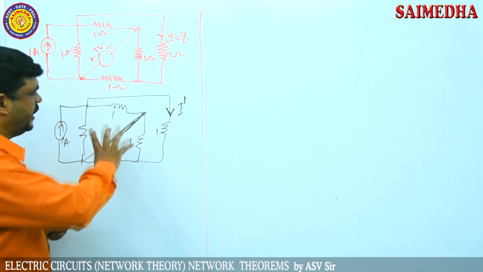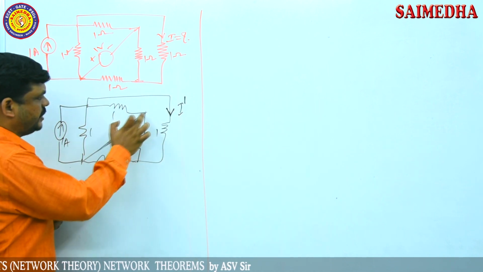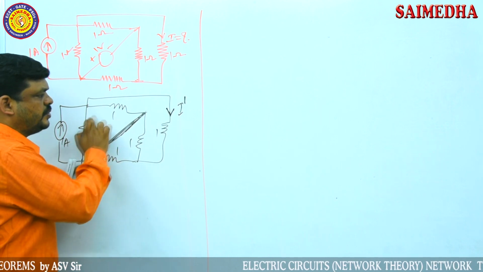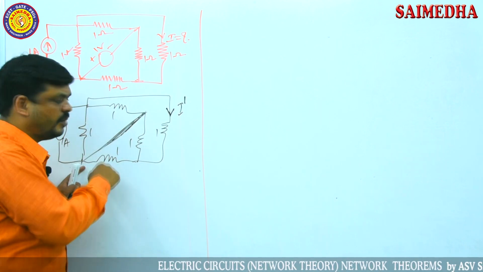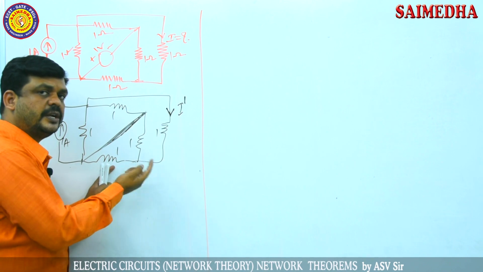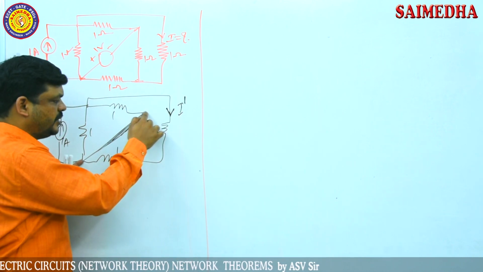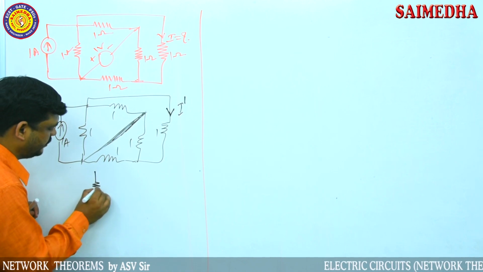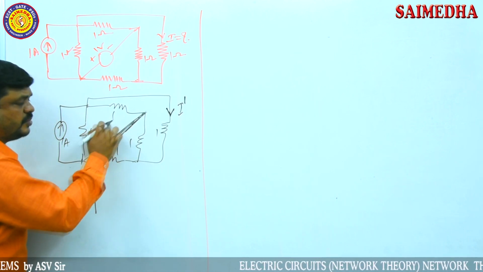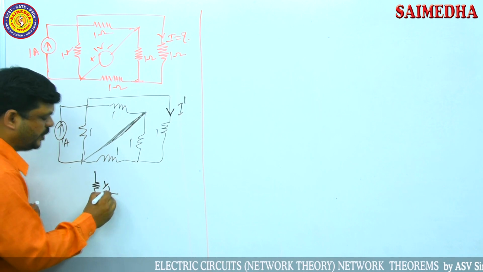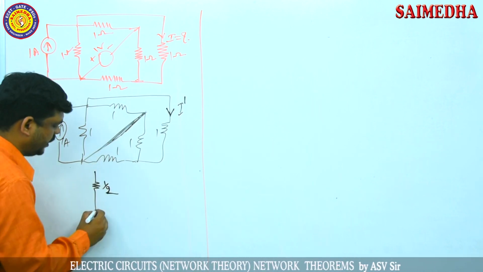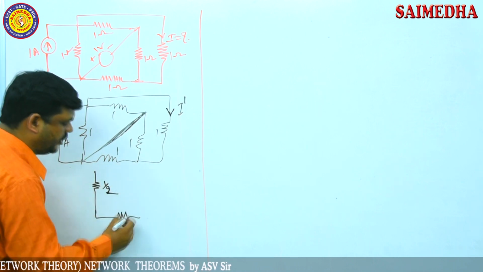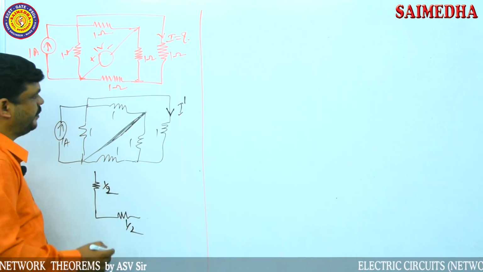For that purpose, again I am writing the circuit here. If this point is short circuited, these two resistors are connected in parallel, and these two resistors are also connected in parallel, because these 2 points are short circuited. After simplification, these 2 become 1 by 2, and these 2 are also 1 by 2.